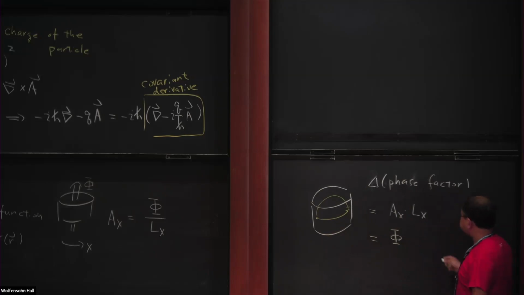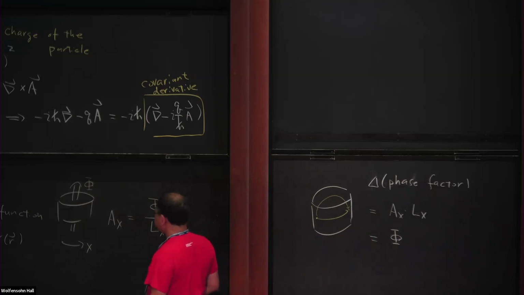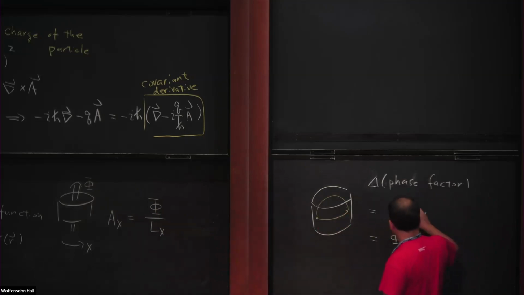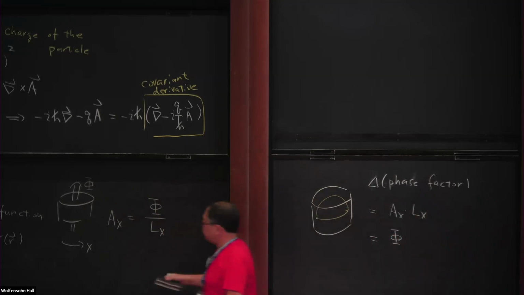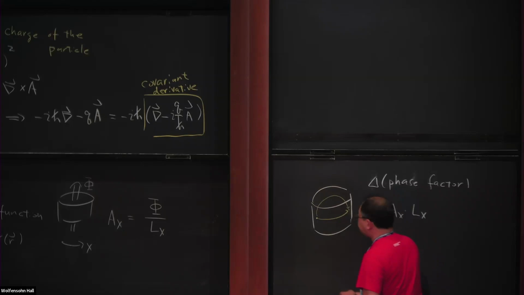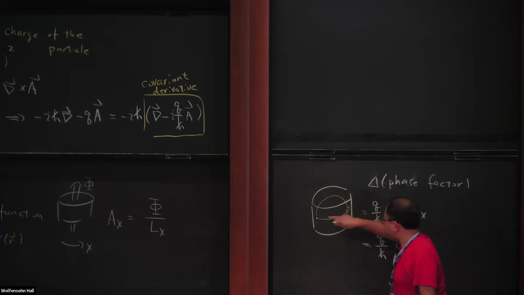So if you have, maybe I still want to keep the unit, then because of this, I should have, so for magnetic flux phi, you get a phase difference for the wave function if you go this way or that way.